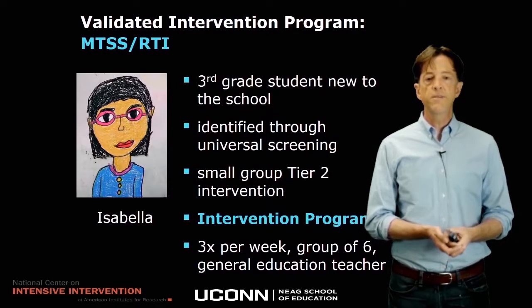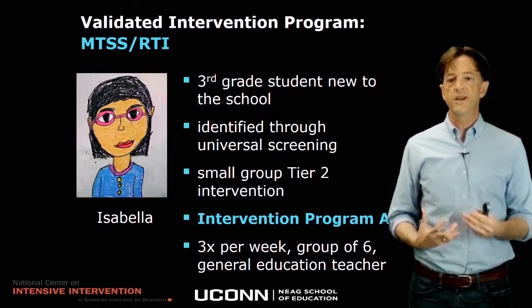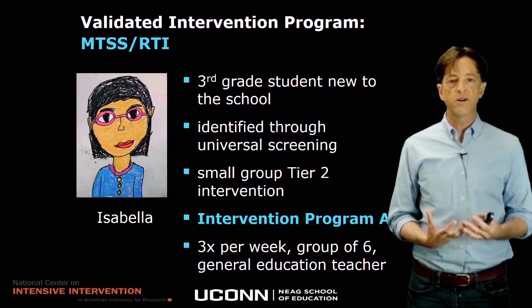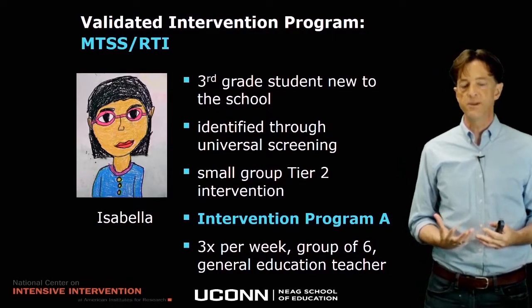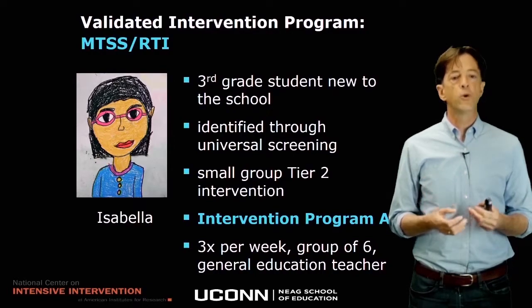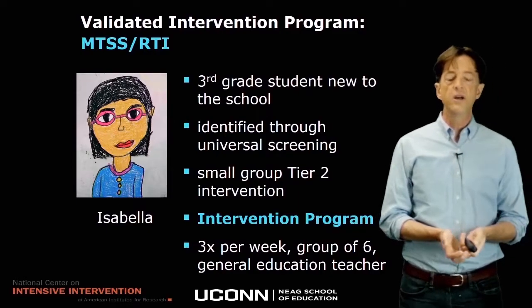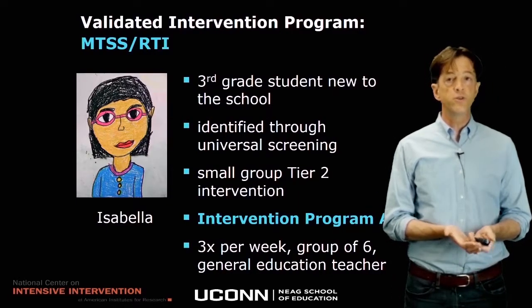So let's talk a little bit about a couple of hypothetical students. One student that's in the MTSS RTI process, and another student that's in the special education process, and thinking about what this might look like for beginning the process and identifying an intervention program. So this is Isabella. She's a third grader that's new to the school.